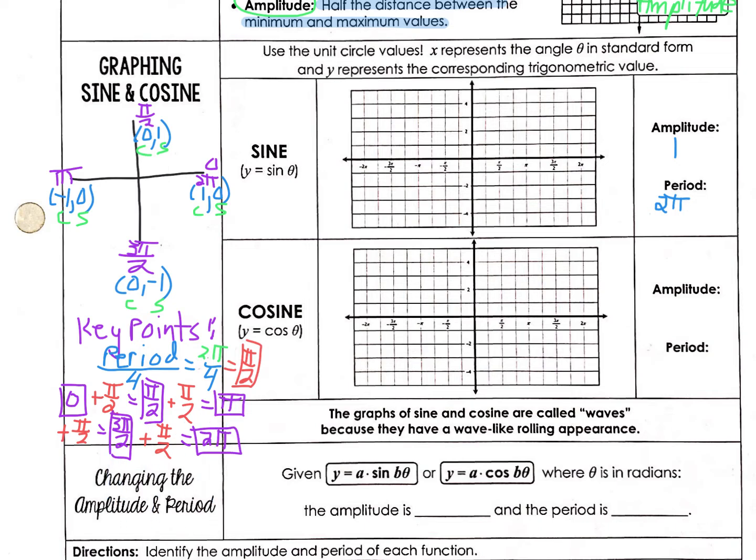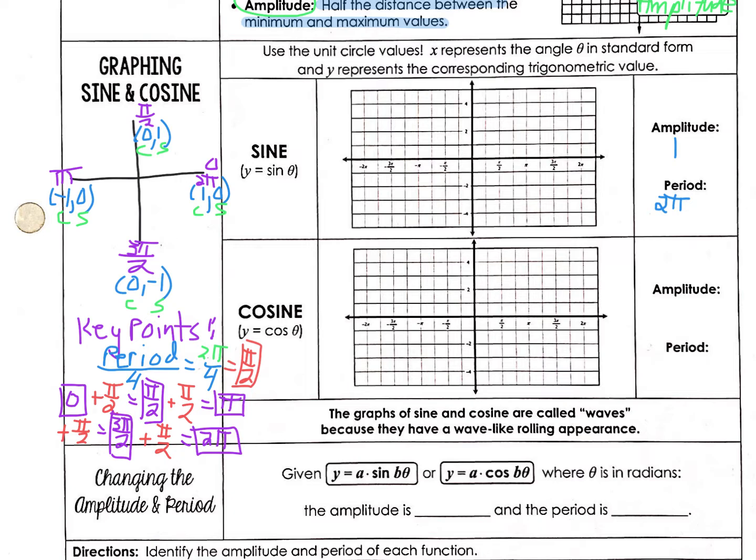You'll notice that they go by the north, south, east, west axis poles of the unit circle, and that's where we get these key points from. So I'm going to look at the unit circle at 0 and see what the sine value is, look at pi over 2 and see what sine is, look at pi, 3 pi over 2, and 2 pi, and figure out what the sine value is on all of those, which we have done by looking at the ordered pairs here.